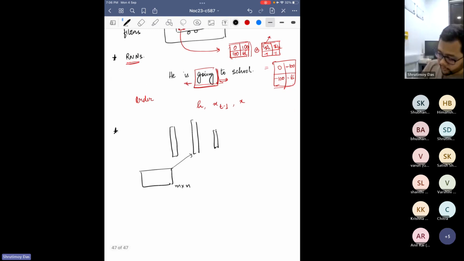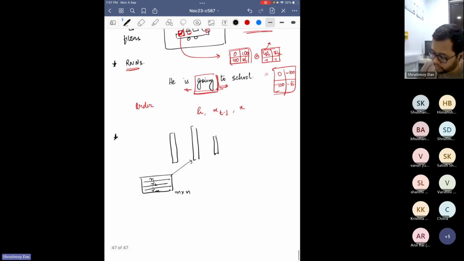So what we do is, suppose this is your row 1, this is your row 2, and this is your row M. First we make row 1 into a vector.